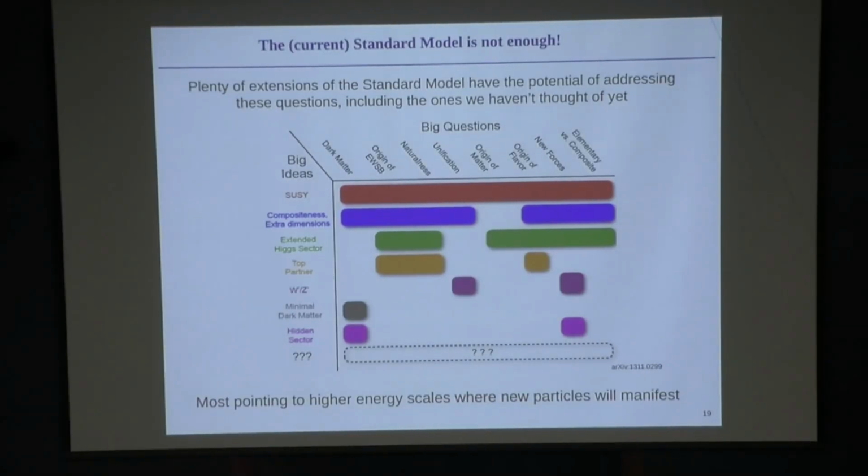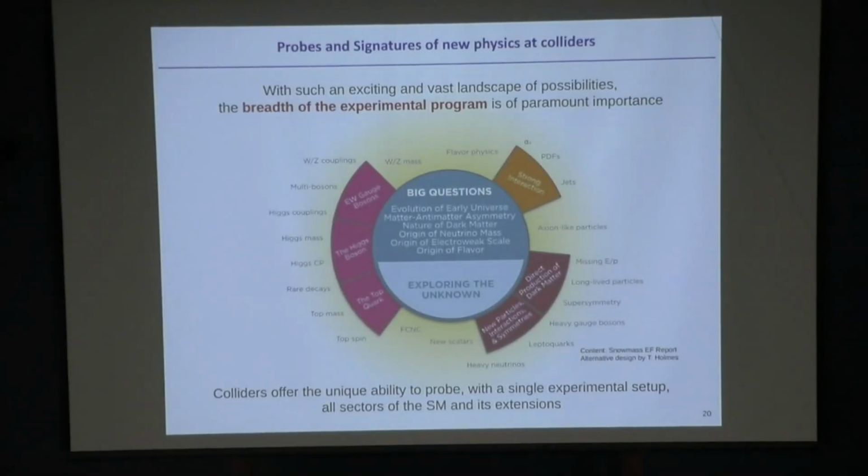That's why, to be able to probe as many of them as possible, we need an experimental program that has to be broad. The breadth of the experimental program, I think, is the most important part looking at the future. Having higher energy colliders offers the opportunity to link different types of reactions to different possible predictions, and this gives us the best possibility to explore in the broadest possible way.